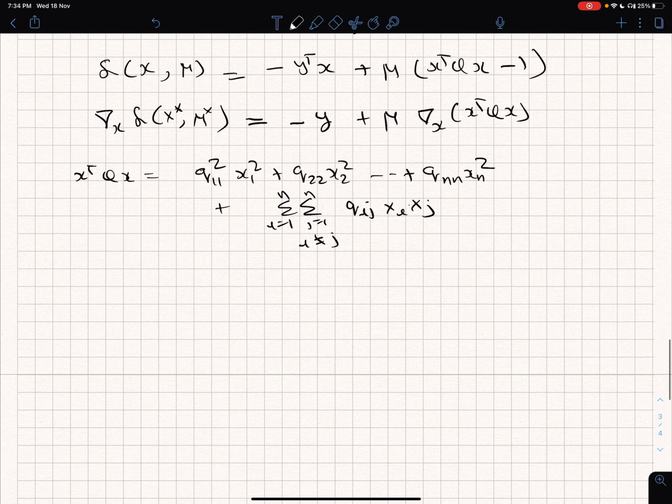This is how it will be. If I look at its partial derivative with respect to say xi, then somewhere here there is a term qii xi square, so when I take its partial derivative, I will get 2 qii xi.